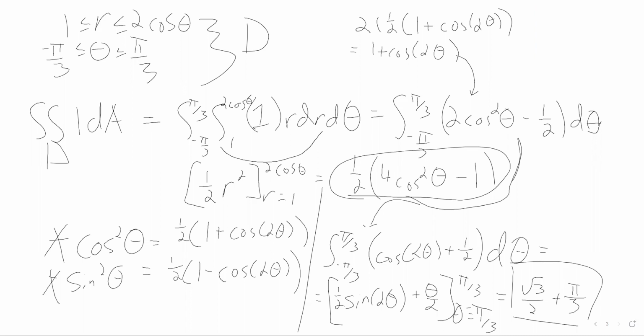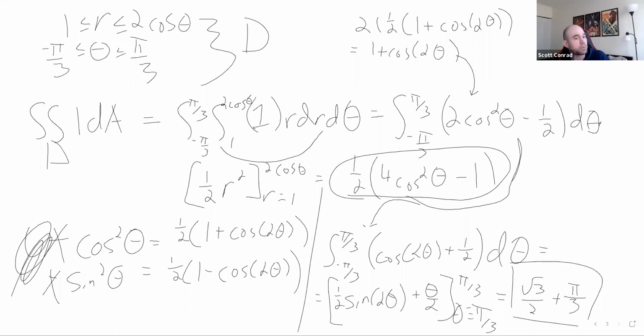So then I just distributed the 1/2 through, and so I got the 2 cos squared theta minus 1/2, and I plug that into the outer integral. But we have the cos squared theta bit, which we don't know how to integrate as is. But if we use these double angle formulas down here, then we can rewrite it in terms of something that we can integrate.